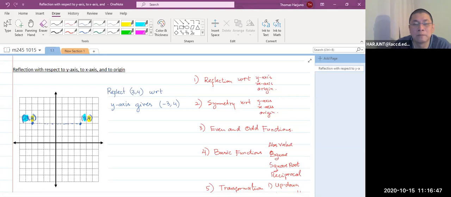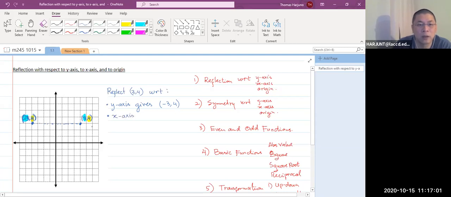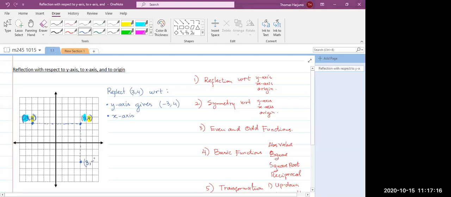If we reflect with respect to the y-axis, the x is the one getting the opposite. Now, imagine if I reflect that with respect to the x-axis. If I reflect that with respect to the x-axis, notice that what will be the same? The x will be the same, right? The y, the one that changes.